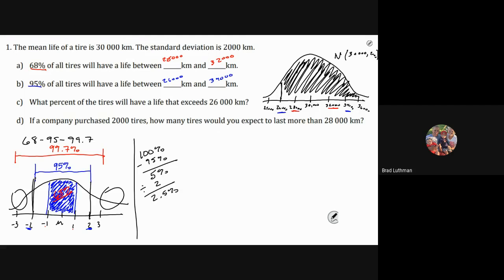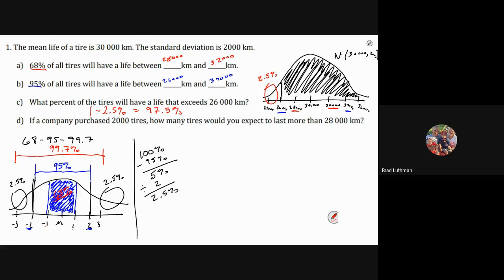So what we know is right here is 2.5%, and right here is 2.5%. And what that allows us to do is, if you notice, that correlates to up here, 2.5%. So to answer C, we go 1 minus 2.5%, and we get 97.5%.